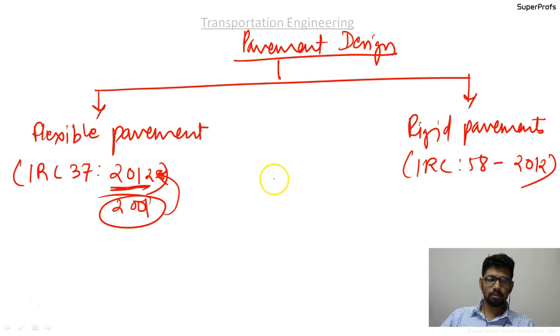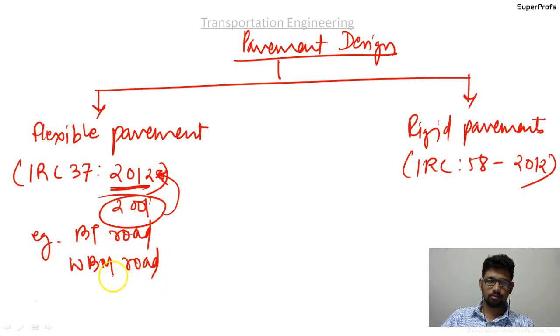Examples of flexible pavements are the bitumen road, WBM road, gravel road, earthen road.